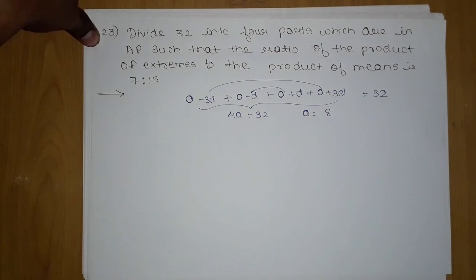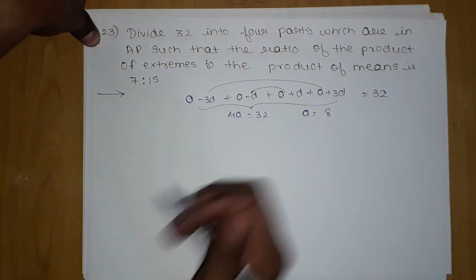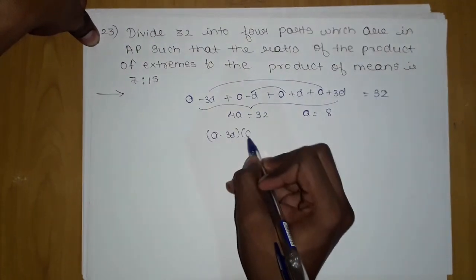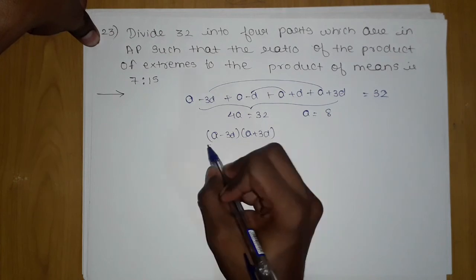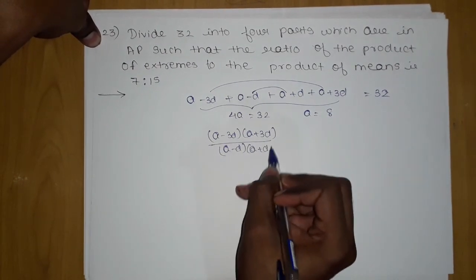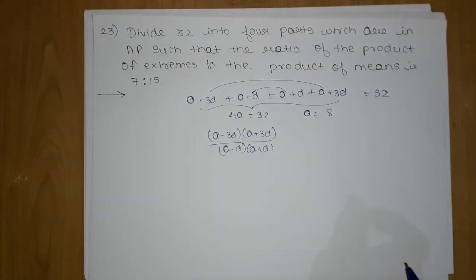On the basis of this concept, they are telling that the ratio of the product of extremes to the product of means is (a minus 3d)(a plus 3d) upon (a minus d)(a plus d). This concept of middle term and extreme term is used in binomial.